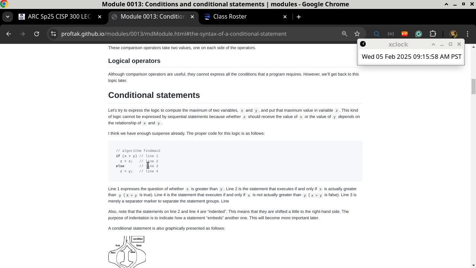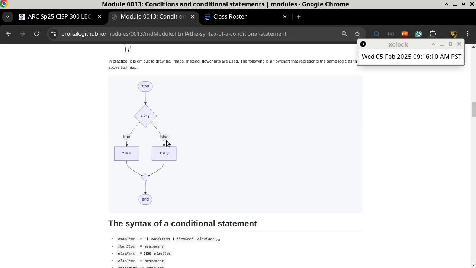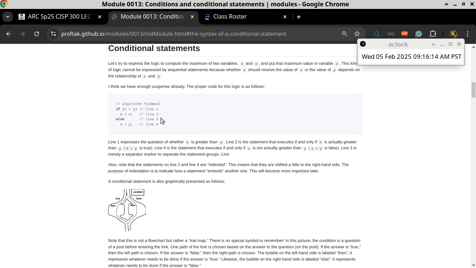So you're understanding which part? Are you understanding the flowchart, or are you understanding the actual code? Okay, so understanding the code is what you're having trouble with.